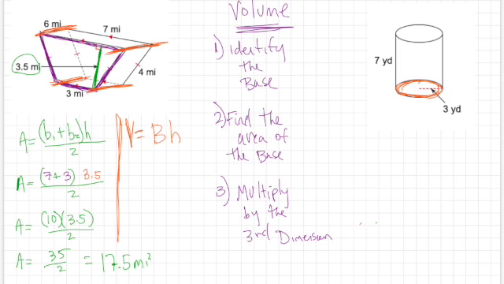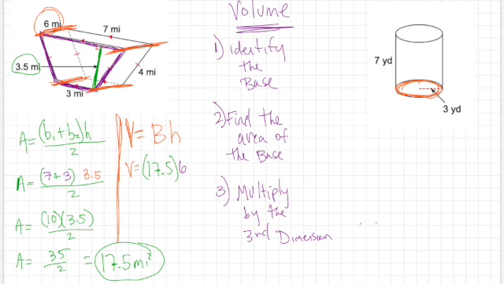That's okay. So the volume is going to be the base, which we just figured out right here is 17.5. Then we're going to multiply that by that third dimension. So that's this one here, which is 6 miles.